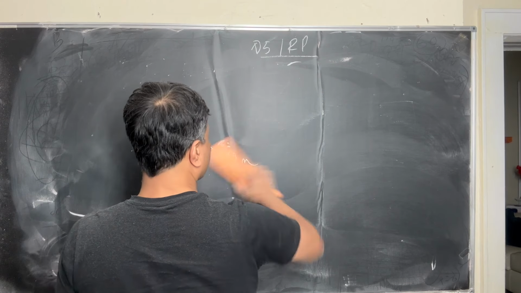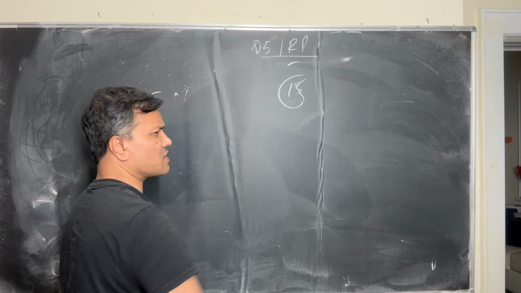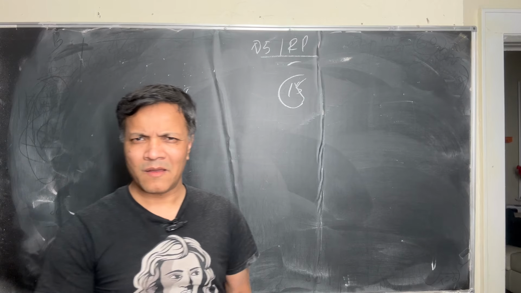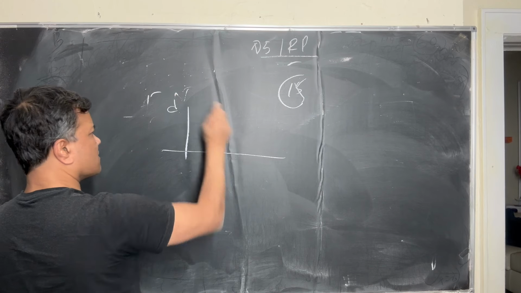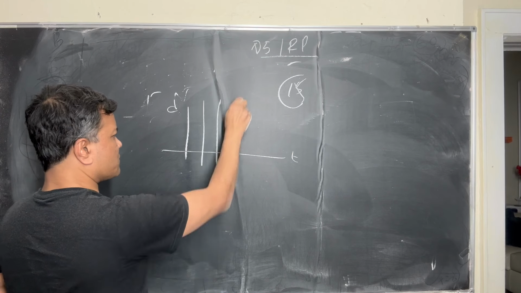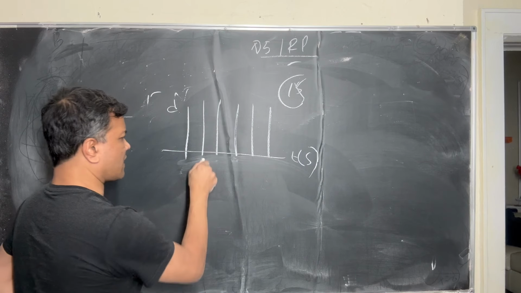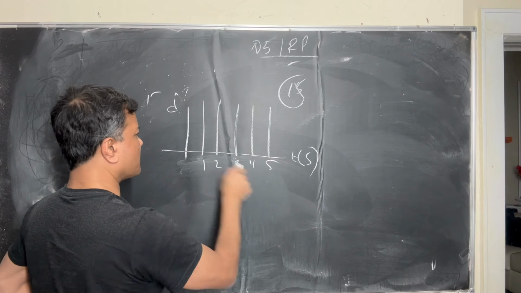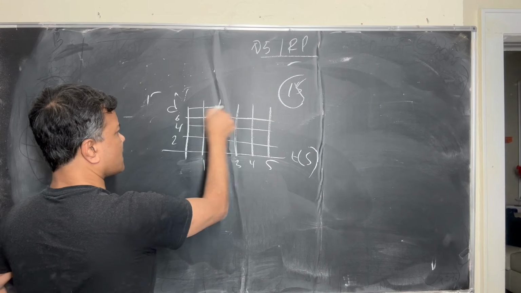Let's do problem 15. What did I ask you? It is similar to problem number 3. I gave you the d-t graph. The time is measured in seconds, 1, 2, 3, 4, 5. This is 2, this is 4, this is 6, this is 8.